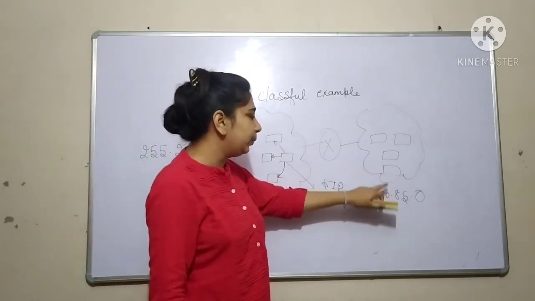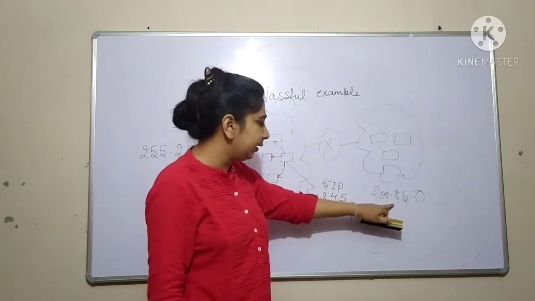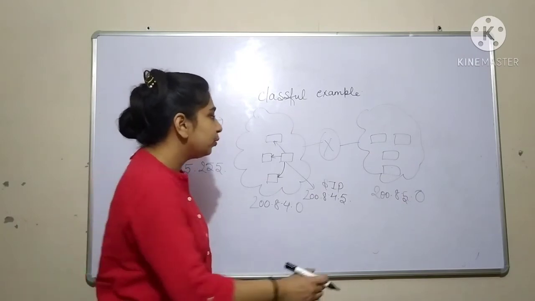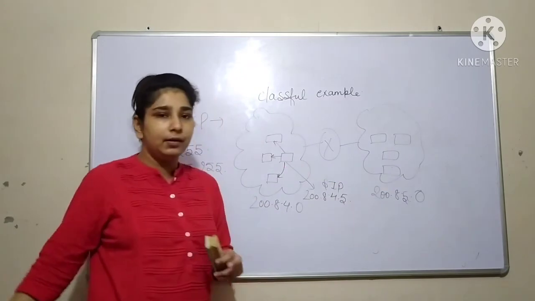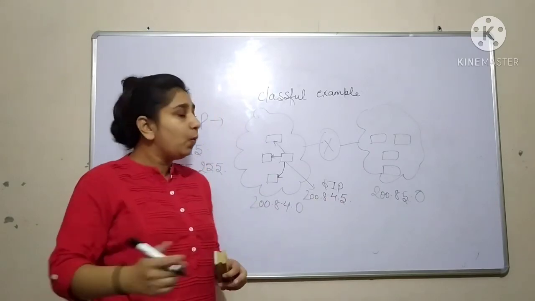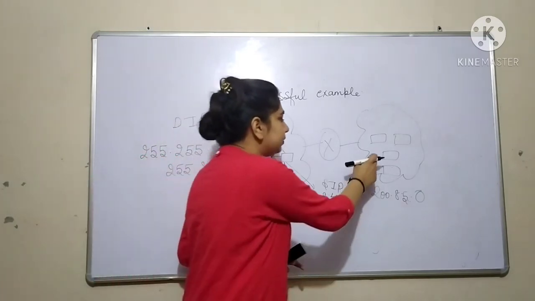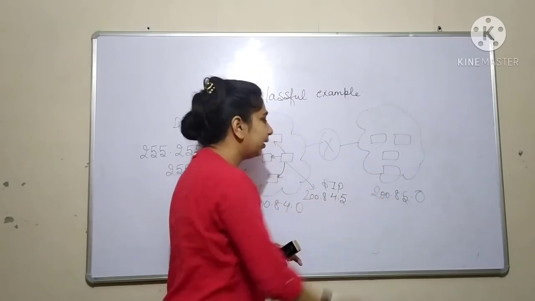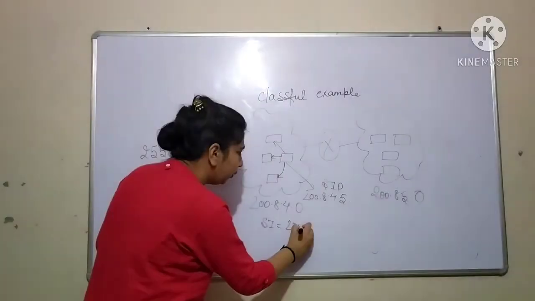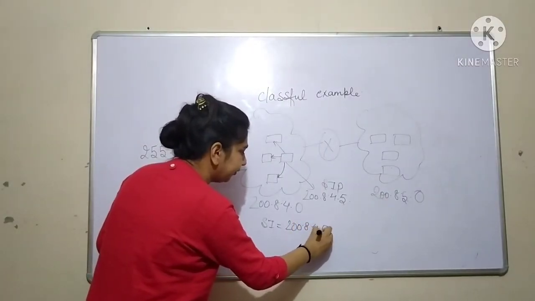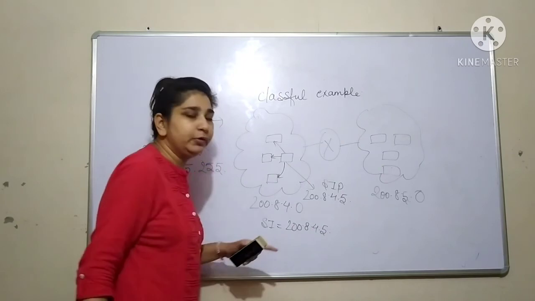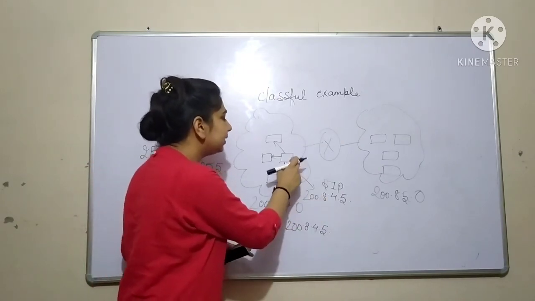Let's suppose the second network has this network ID. Okay, and what I want to do now, I want to send a message to all the devices of this network. Okay, this device, this source IP 200.8.4.5 wants to send a message to all the devices of this network. Okay, how we will be sending? In the source IP, we will be using 200.8.4.5, because the message is coming from this device.